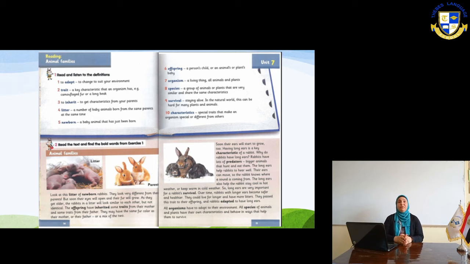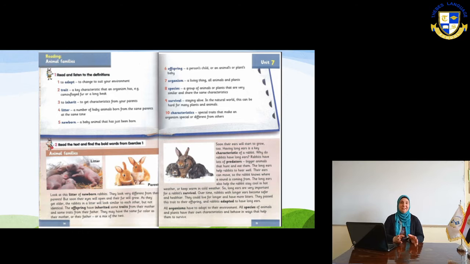Survival. What is survival? It is to stay alive, of course. Staying alive in the natural world. This can be hard for many plants and animals. It's very hard to survive in the natural world. Characteristics.